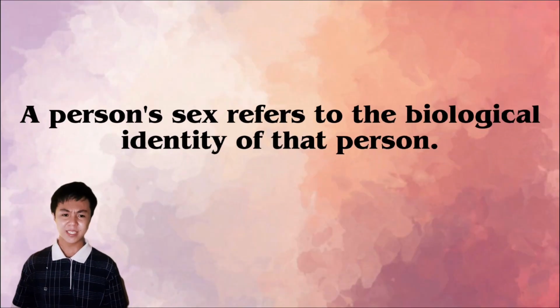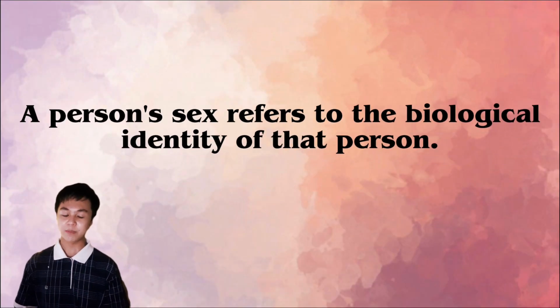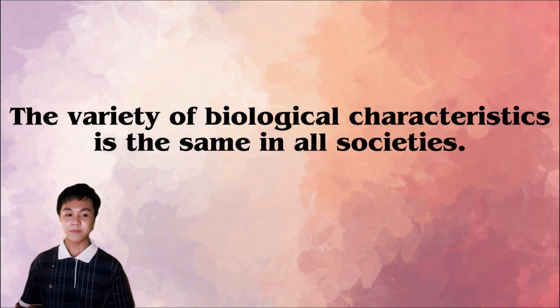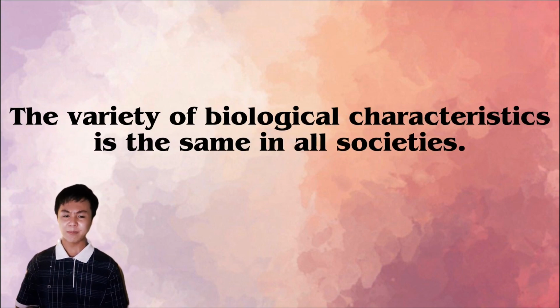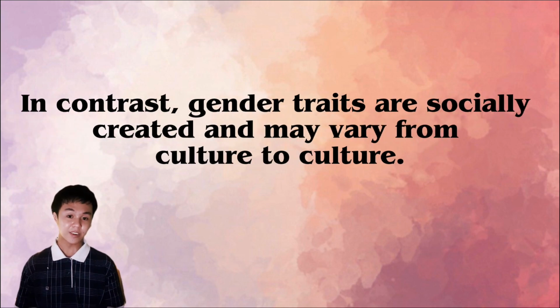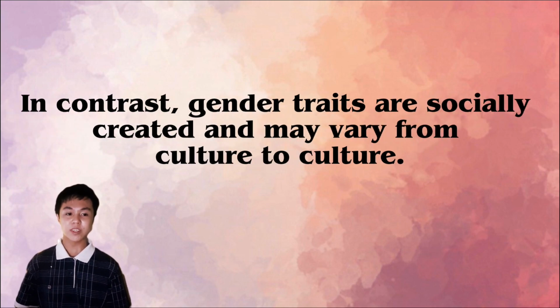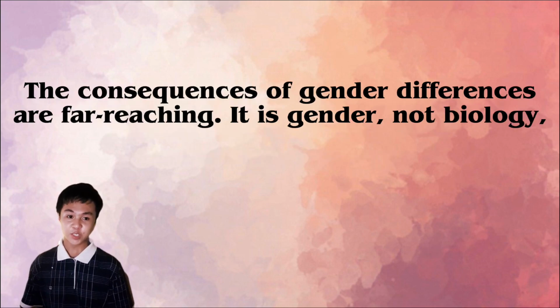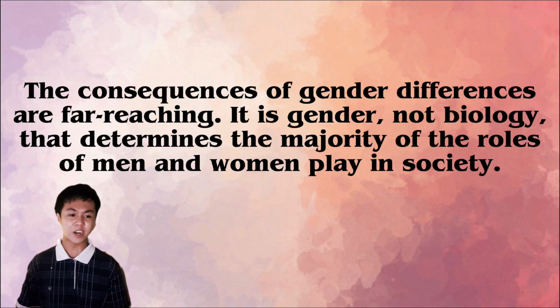A person's sex refers to the biological identity of that person. The variety of biological characteristics is the same in all societies. In contrast, gender traits are socially created and may vary from culture to culture. The consequences of gender differences are far-reaching.